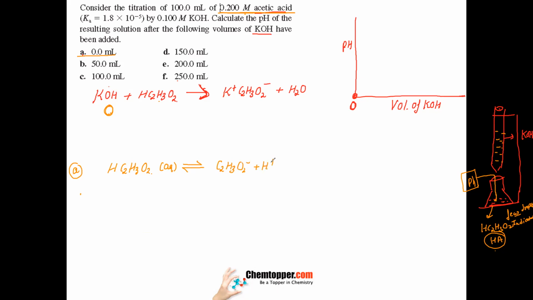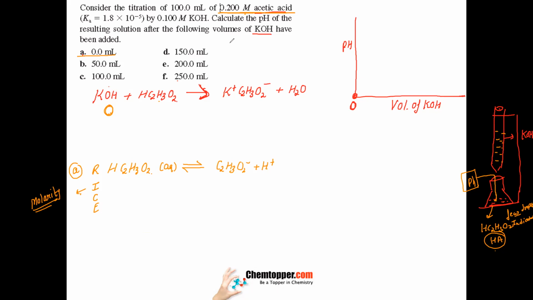So an equilibrium is needed now. I'll make the RICE table. Reaction, initial concentration, change, equilibrium. Remember, RICE tables are always in terms of molarity. They are never in terms of moles or millimoles, okay?